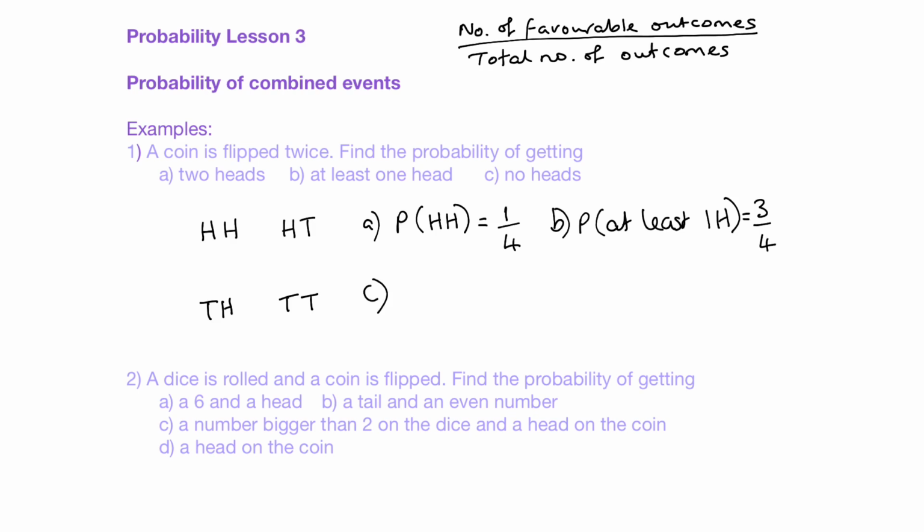And then part C, the probability of getting no heads. When we look through these, we can see that this one is the only one with no heads. Okay, so we say probability of no heads is 1 quarter. Okay, so the best way to do questions like this is to at least start to list the different outcomes.